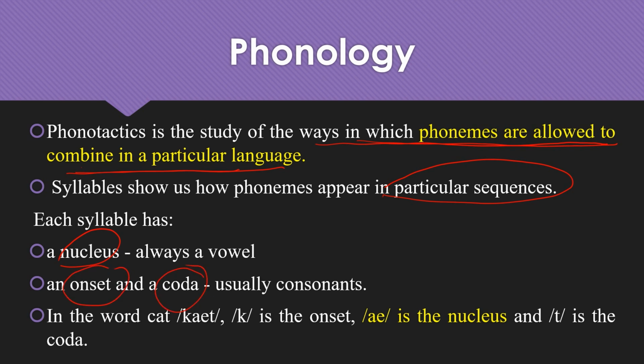Nucleus is always a vowel and coda and onset are usually consonant. For example, the word cat. The k sound is the onset, a is the nucleus, which is a vowel, and t is the coda.